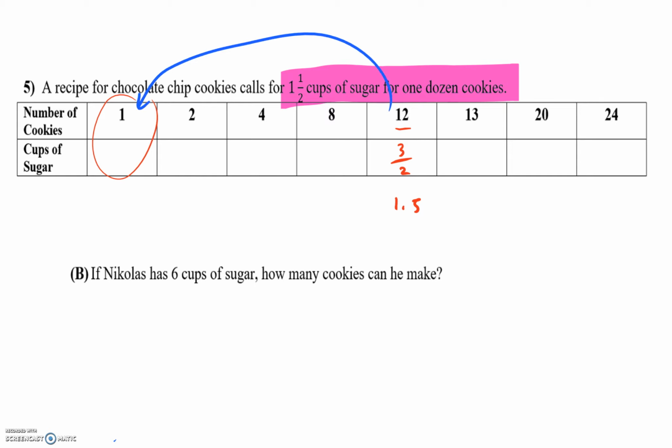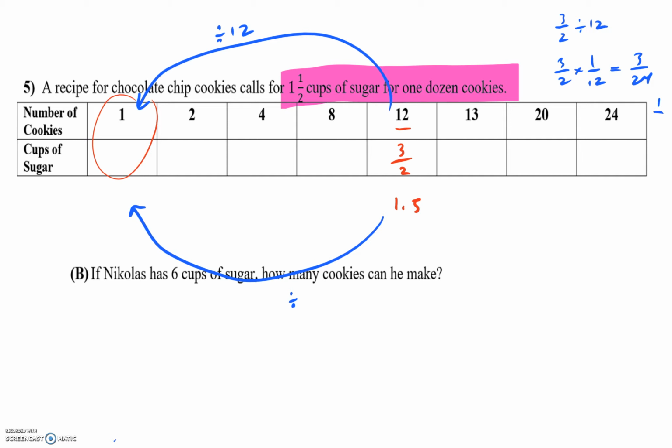So to go from 12 to 1, you have to do 12 divided by 12. That gives me 1. So we have 3 halves divided by 12. Keep change flip. 3 over 24.